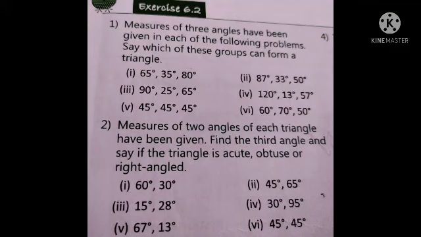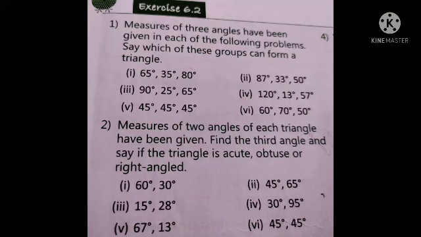The sum of 60 and 30 will be 90. And this 90 is subtracted from 180. 180 minus 90 is 90 degrees. So for the first question, the third angle is obtained as 90 degrees. Obviously, if it is 90 degrees, you know what type of triangle that is? It is a right angle triangle.